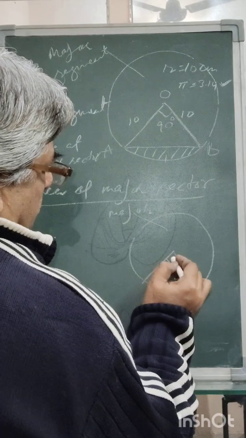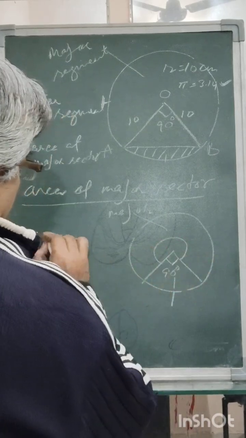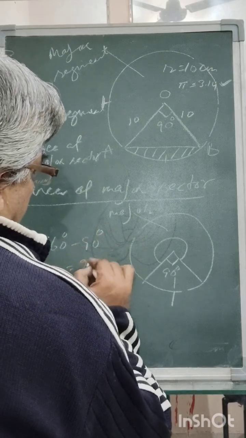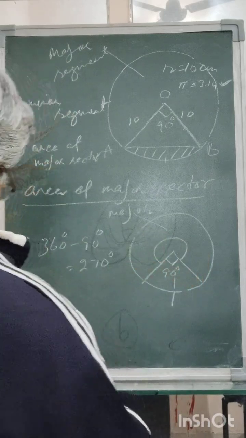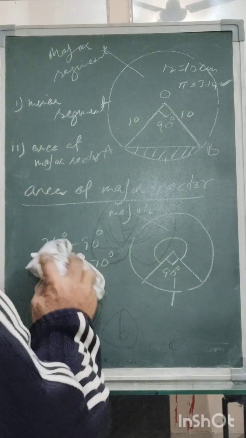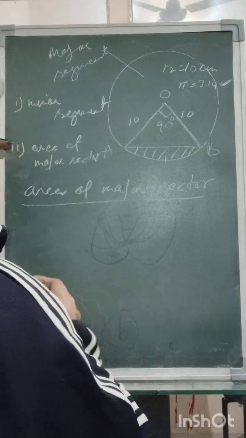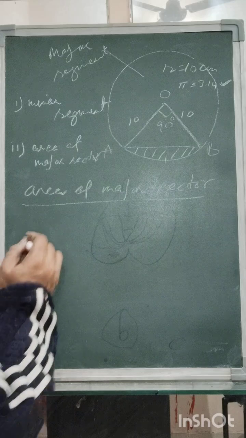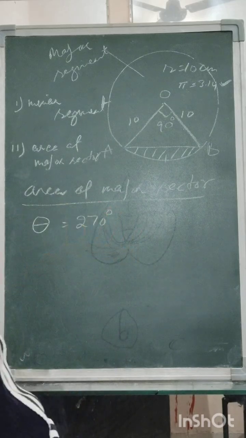The angle at the center was given as 90 degree. So the remaining angle is 360 minus 90, that is 270 degree. So theta is 270 degree to be taken in this case when we find the area of the major sector.